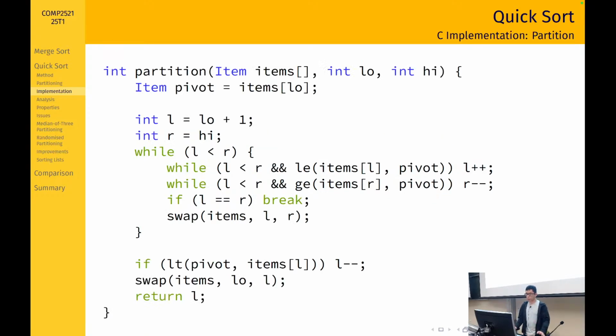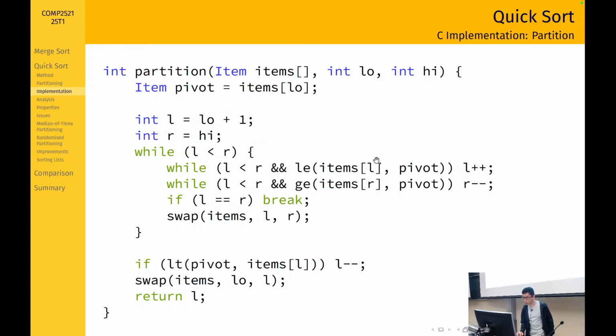Okay, and here's the partition function. It's selecting the leftmost element as the pivot, right? That's items[low]. And then it's creating two indices, L and R, right? L starts off at low + 1, R starts off at high. And then this while loop is checking that the two indices haven't met in the middle yet. Right? And inside this while loop, we have two other while loops.